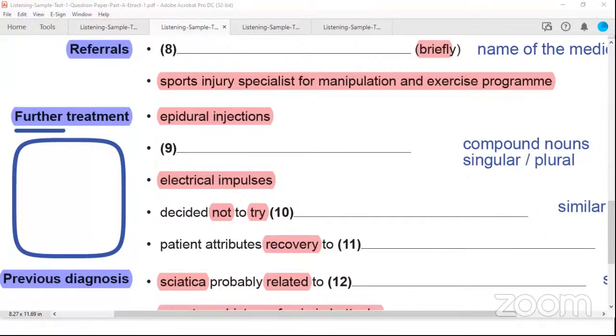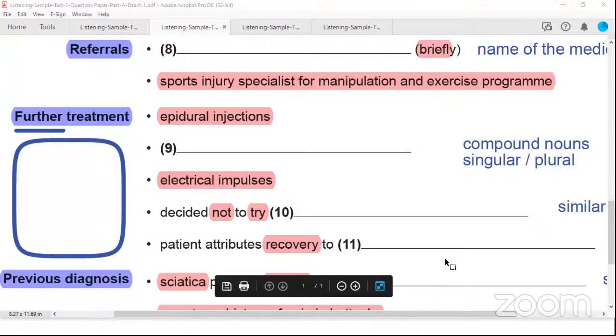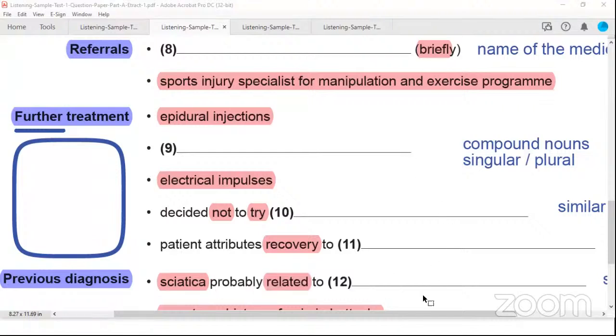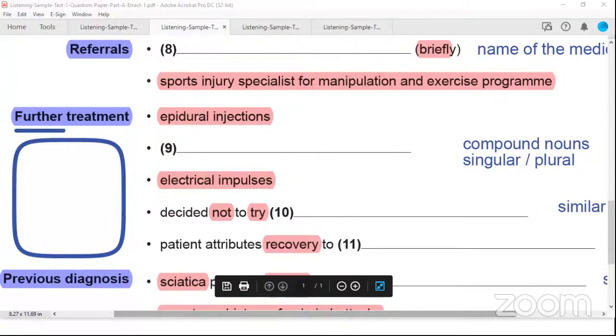Submit, all of you. What about the others? Yes, Jyoti, good correction. Very good. Then next one.